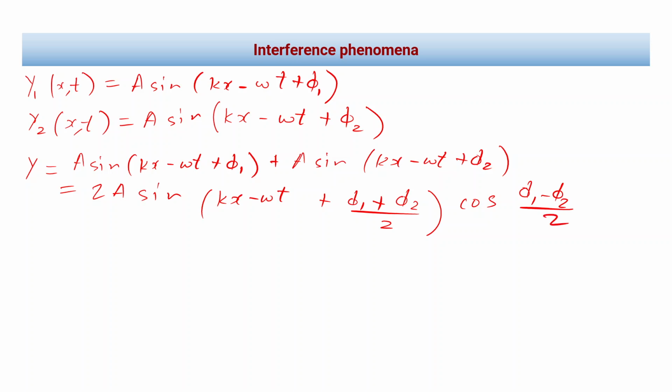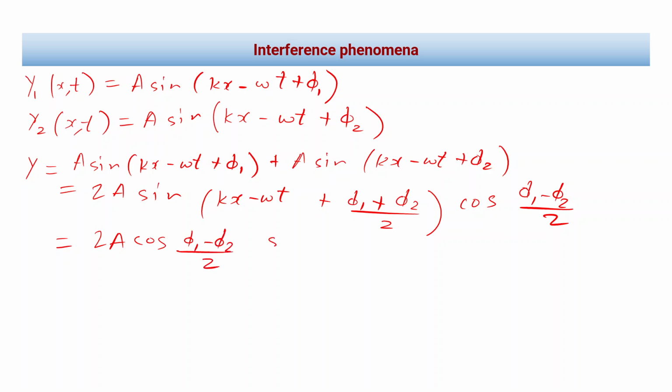So here, let me rearrange and rewrite, because as you can see, this sine is the phase part, and whatever the sine contains is not the amplitude. The remaining 2 times a and this cos is the amplitude of the resultant wave.